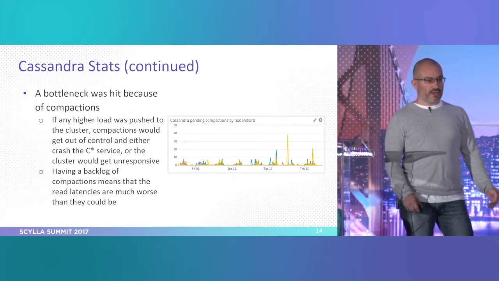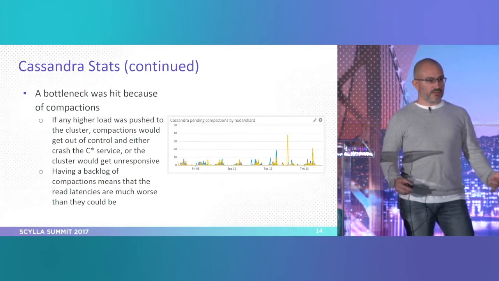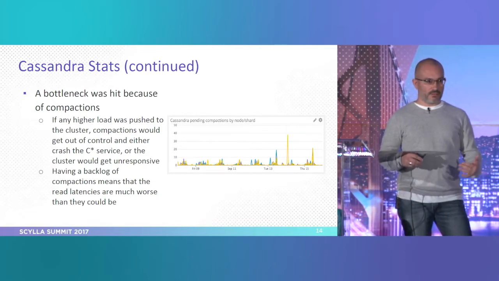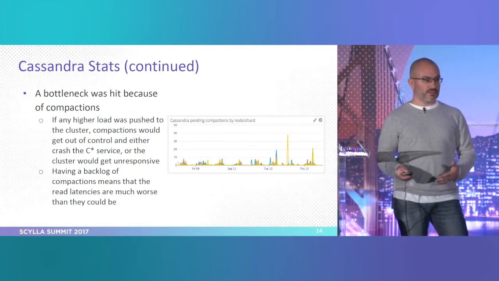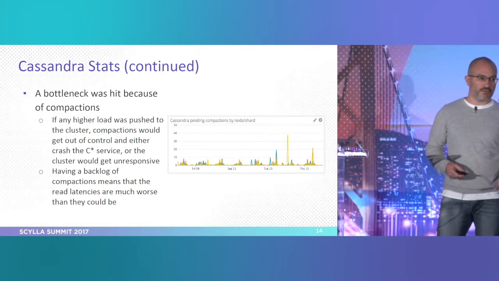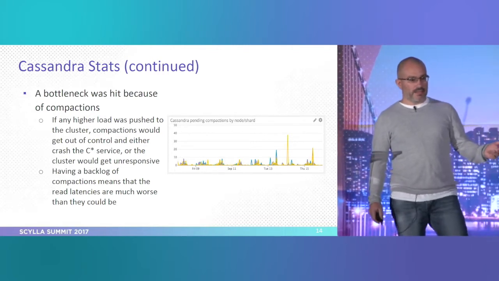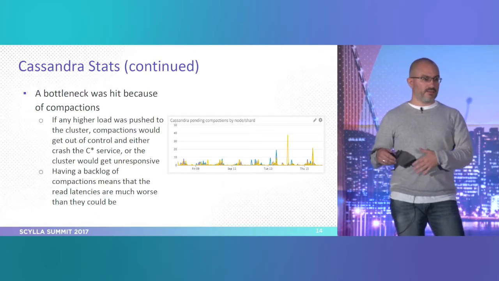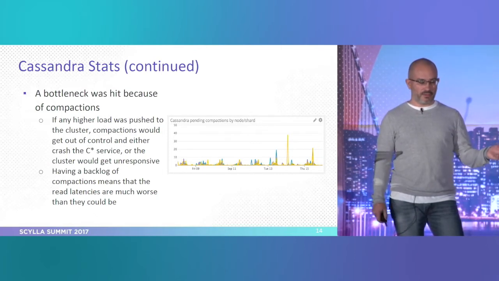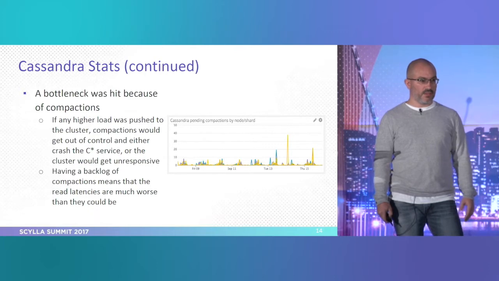Whenever one of these two processes would kick in, the Cassandra cluster nodes would start accumulating pending compactions, which in turn would increase read and write latency, and then the client application would scale back down, and that would result in backlog in processed data, which would obviously violate our SLAs.